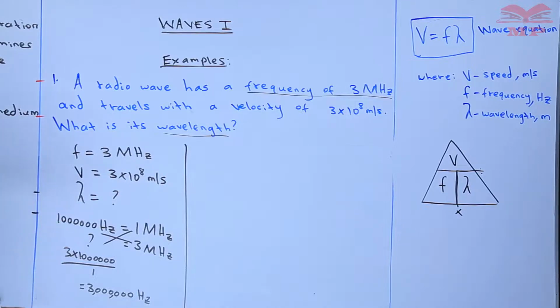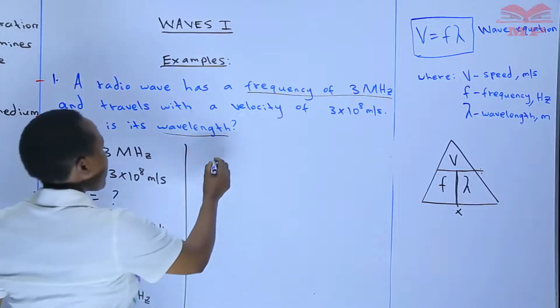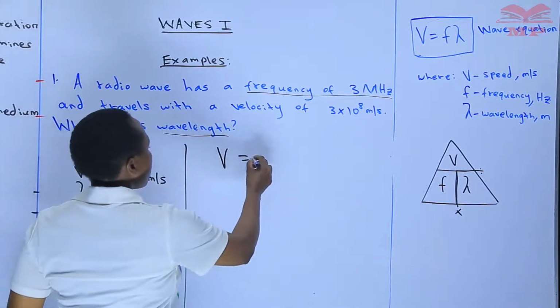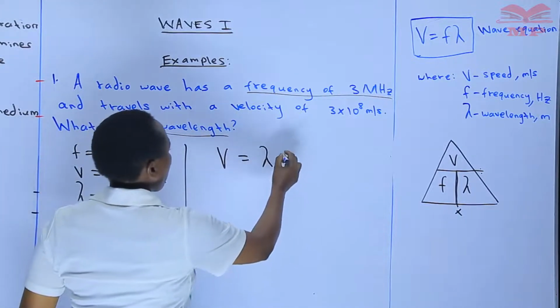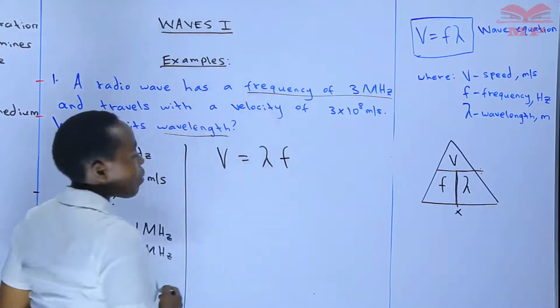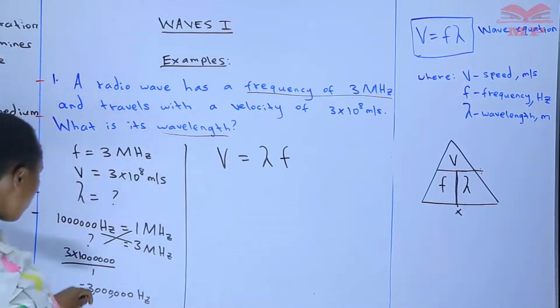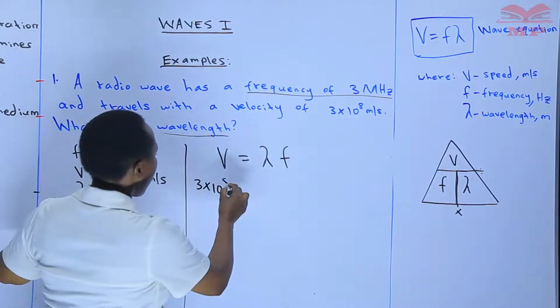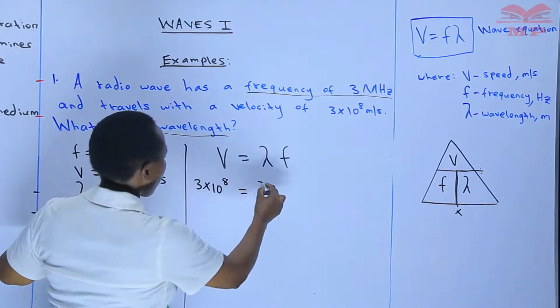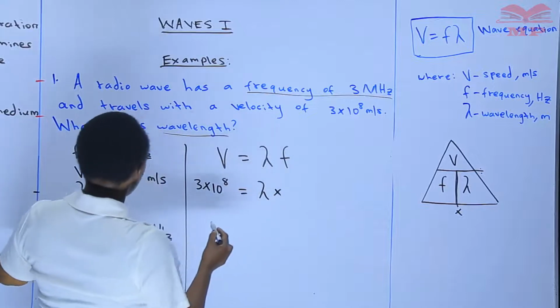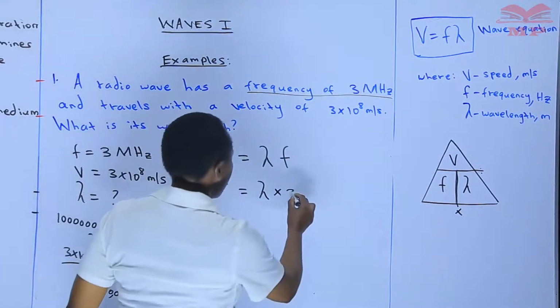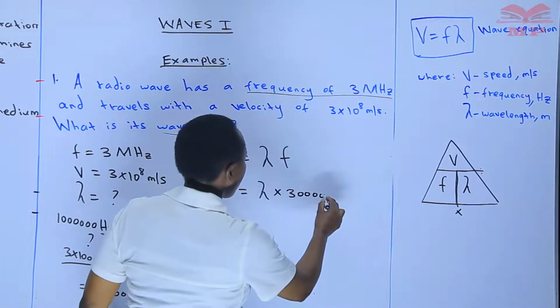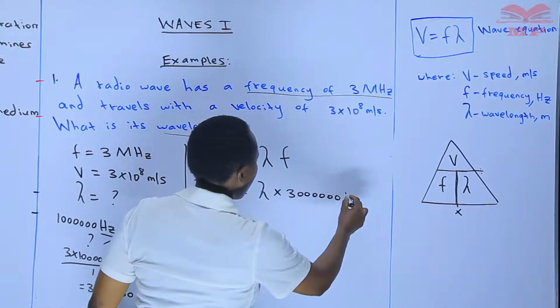And therefore, we just apply the wave equation. V is equal to wavelength multiplied by the frequency. So our V, 3 times 10 power 8, is equal to the wavelength, which is in question, multiplied by the frequency, which is 3 million hertz.